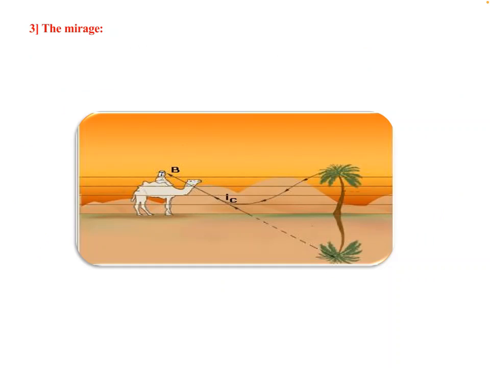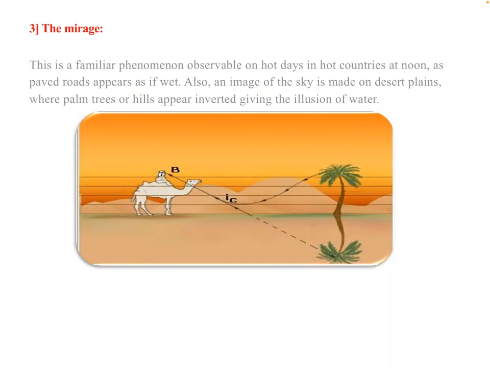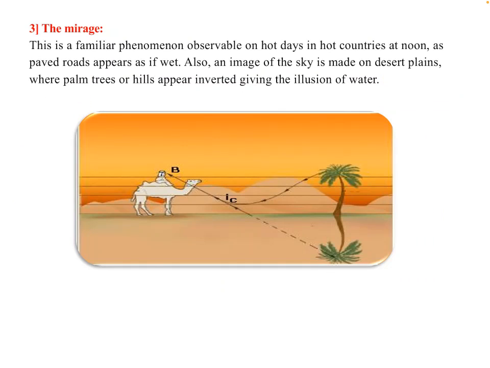The last thing is the mirage. This phenomenon happens on hot sunny days at noon. We'll explain the mirage now to see the inverted image.